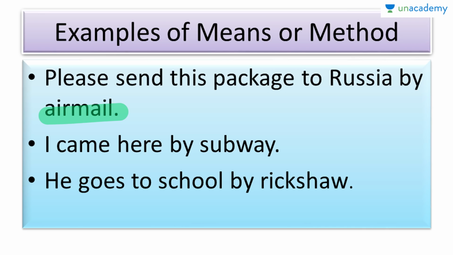The next example, I came here by subway. So again, the means of transport that you used in order to come here is being related by using this preposition "by". He goes to school by rickshaw. So here also the same example.